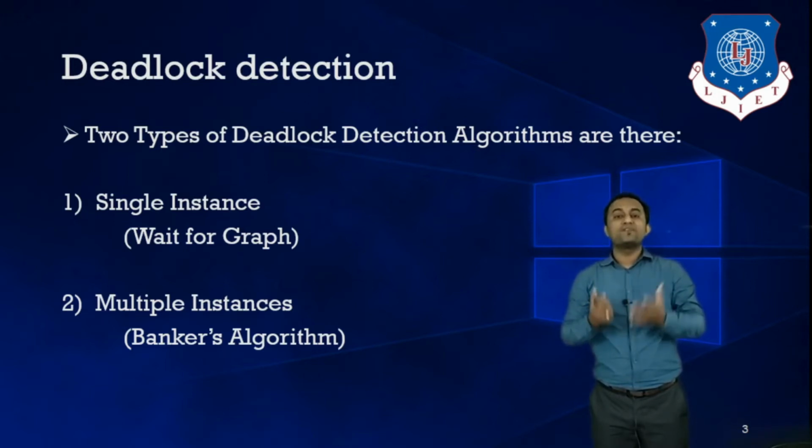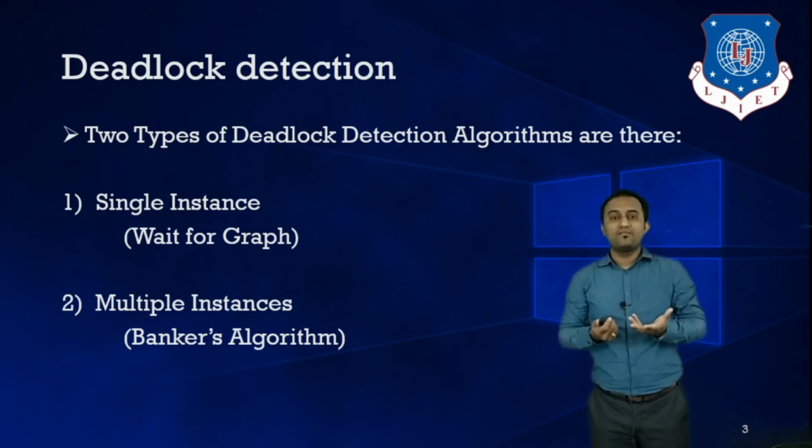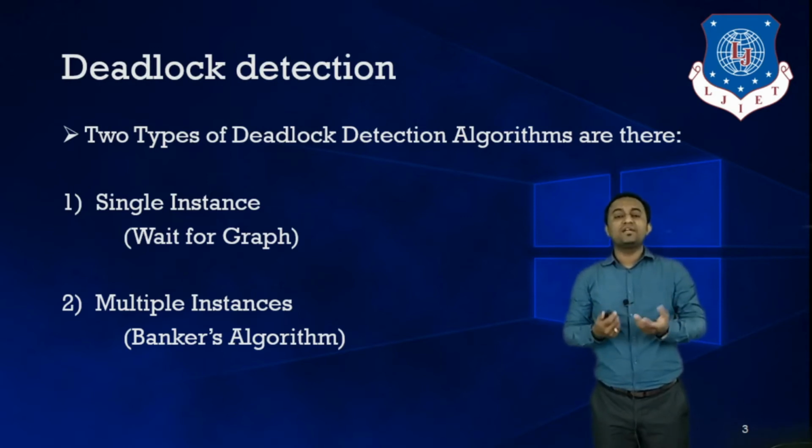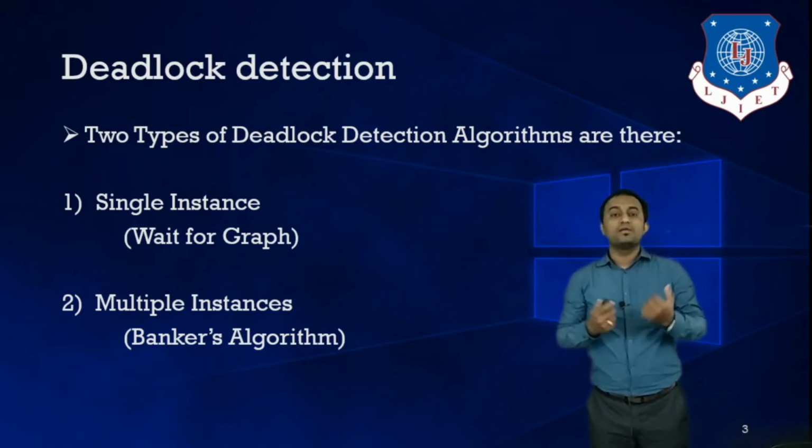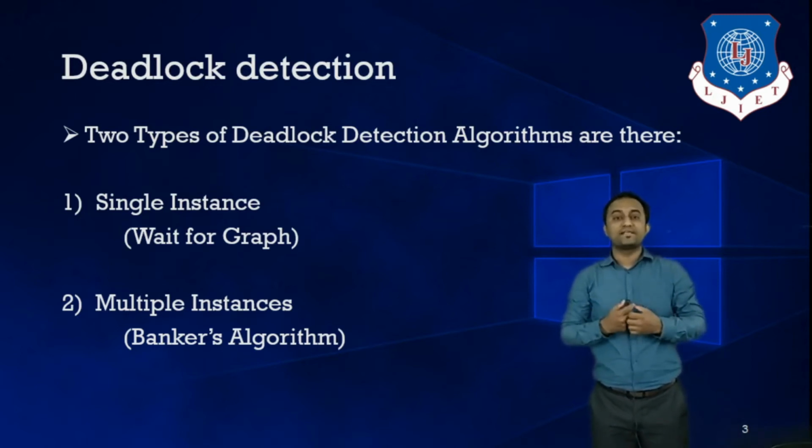In this particular session, we are looking at the single instance deadlock detection algorithm, and in that case we are using a wait for graph. As I told you, a wait for graph is one type of graph, and you know very well a graph contains a set of vertices and a set of edges. It is nothing but a special version of a graph. A wait for graph means the processes are waiting for other processes for their execution.